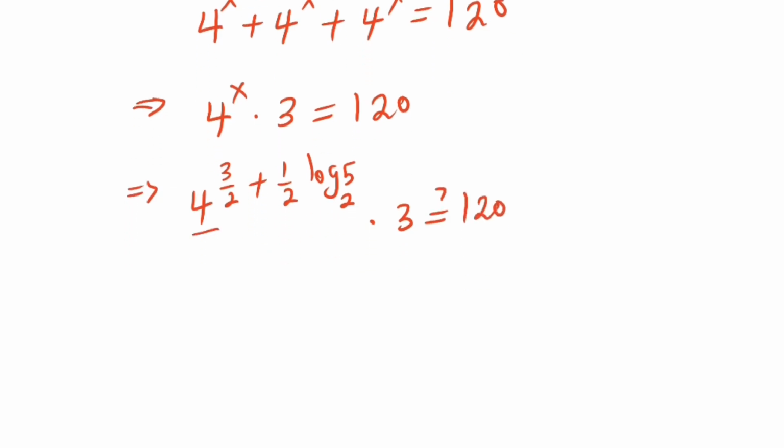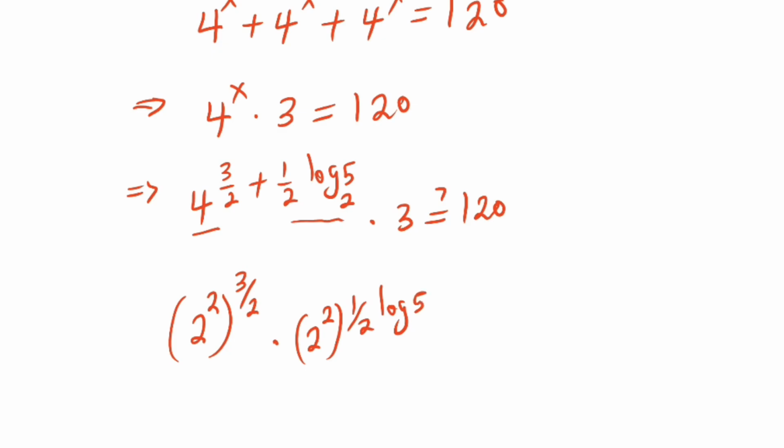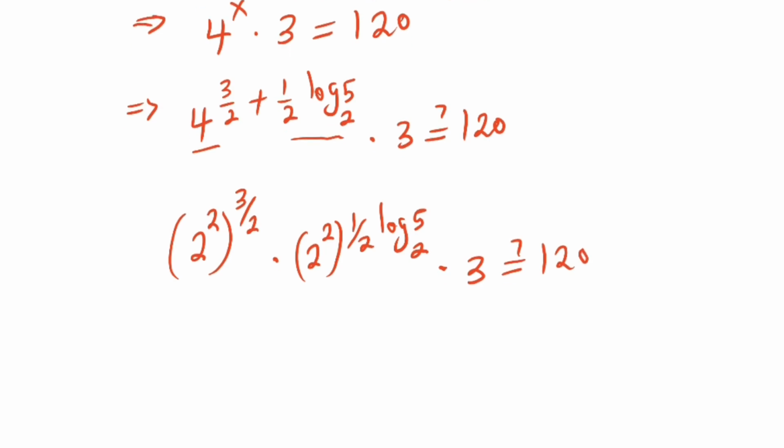Now this can be written as 2 raised to power 2 to the power of 3 over 2, then multiplied by, this can also be written as 2 raised to power 2 to the power of 1 over 2 log 5 base 2 multiplied by 3 must be equal to 120.